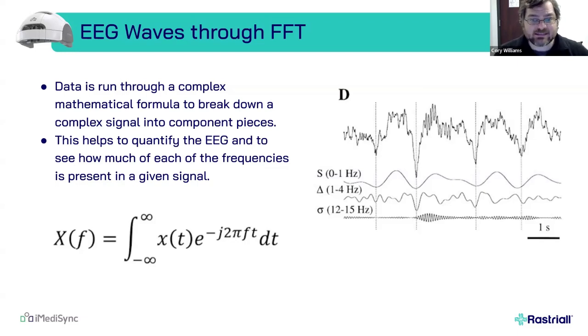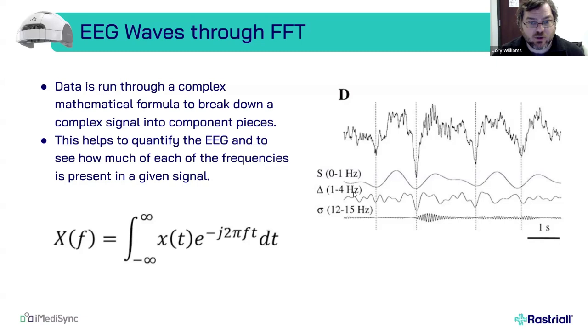When we take that raw signal, we run it through what's called a fast Fourier transform. This is the mathematical equation for it. Thankfully, we can put away the pens and paper and abacus and let the computer do it for us. And after it goes through the fast Fourier transform, we get a breakdown of component signals.